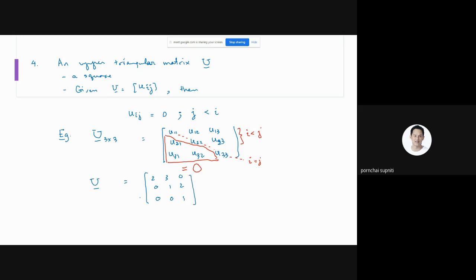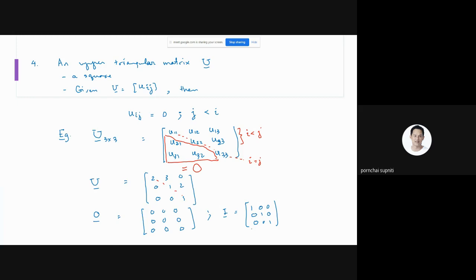Is this an upper triangular matrix? Yes. How about a null matrix, which is all 0? Is it a lower triangular matrix or an upper triangular matrix? Both. Or identity: 1, 0, 0, 0, 1, 0, 0, 0, 1.